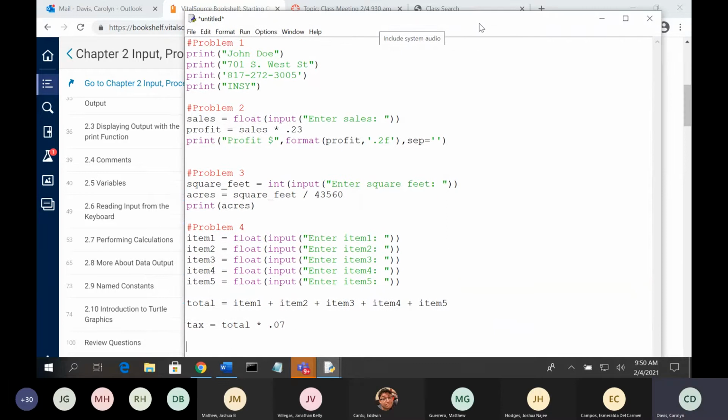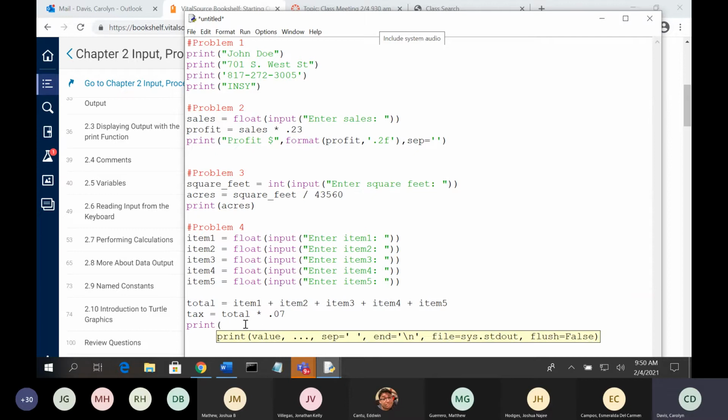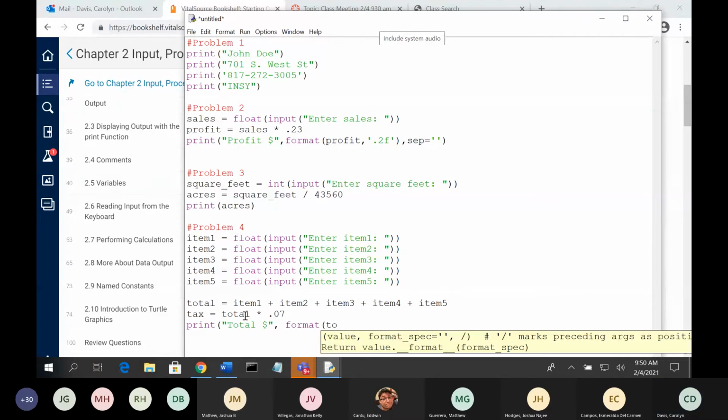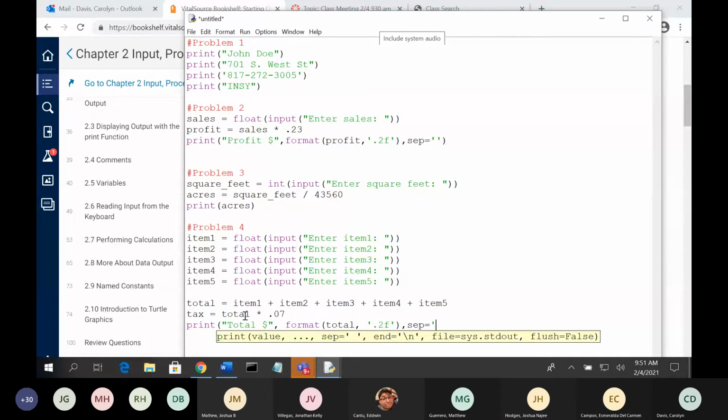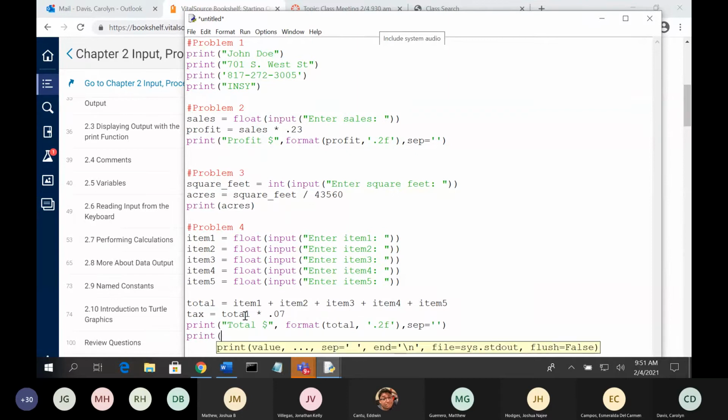And then they wanted me to print out everything separately. So I'll print the total. And then I need to print the total of the two, so we'll say grand total.